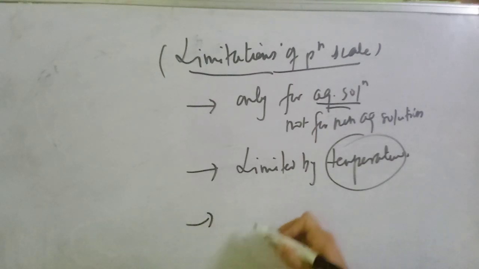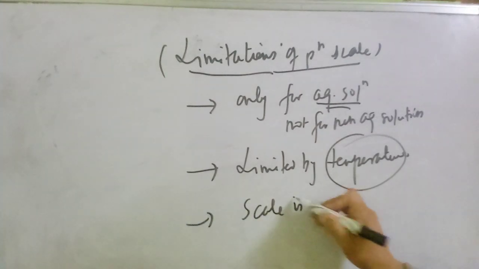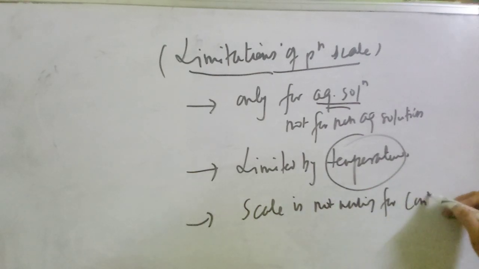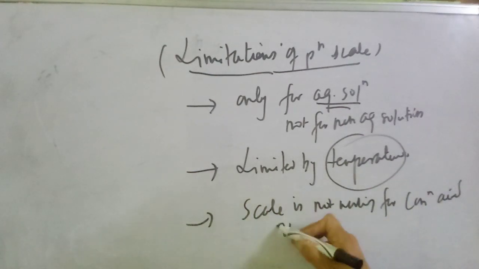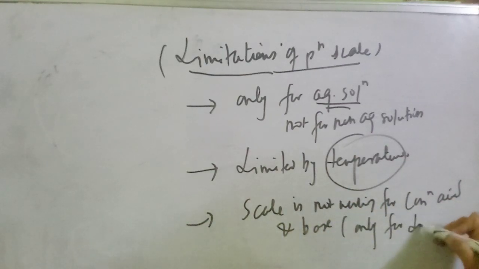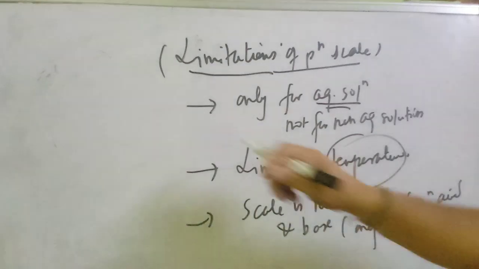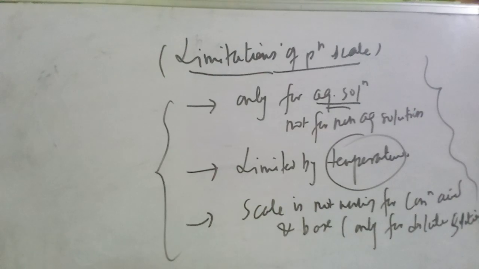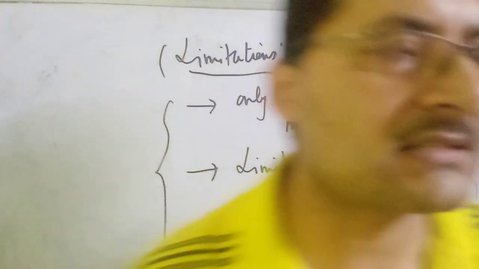Similarly, the scale is not working for concentrated acid and base, only for dilute solution. Okay, so the concept of pH is only working for dilute solution and not for concentrated solution, that you must know. So these three things are the limitations of the pH scale. That is what you must know while you read about pH.